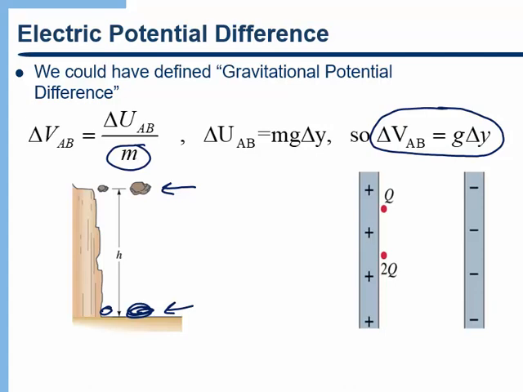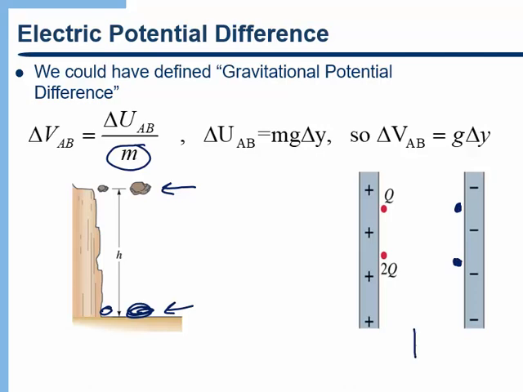So for electricity, we want the same kind of thing. What is the same for these two charges as they go from where they are to another location in the electric field? It turns out that both of those charges will go through the same electric potential difference. The reason this is so important in electricity is that the electric potential difference is the thing we usually know.